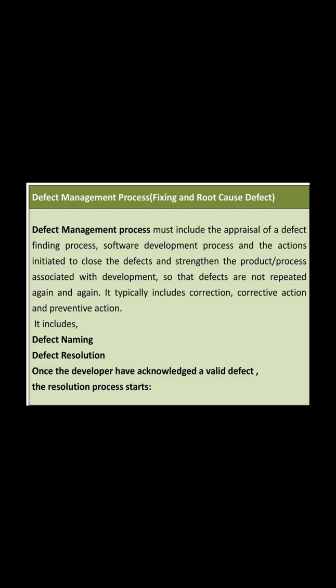We can do the corrective action and preventive action. The corrective and preventive action includes defect naming and resolution, where the developer has acknowledged the valid defect, and there is a resolution process.